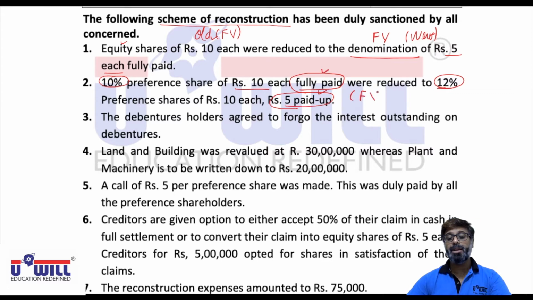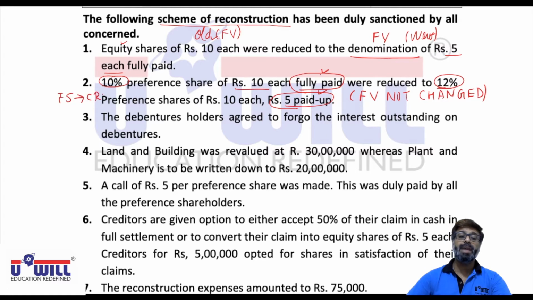Paid up value from 10 rupees is decreased to 5 rupees. So here we will not debit old face value and credit new face value. Directly, the 5 rupees they are sacrificing, from 10 fully paid they are decreased to 5 paid up, that 5 rupees they are sacrificing we will straight away transfer to capital reduction account.